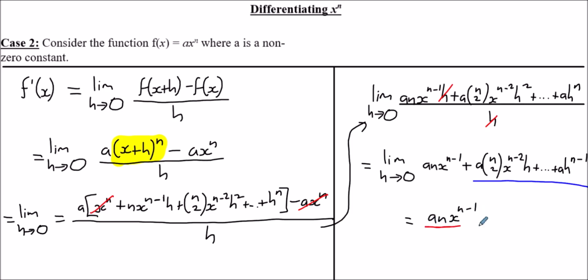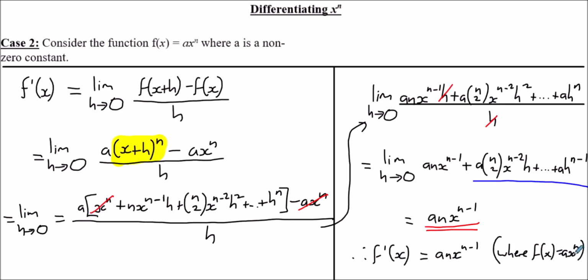And so just to summarize this again, a key result is that the gradient function is a n x to the power n minus 1, where the actual original function f of x is a x to the power n.